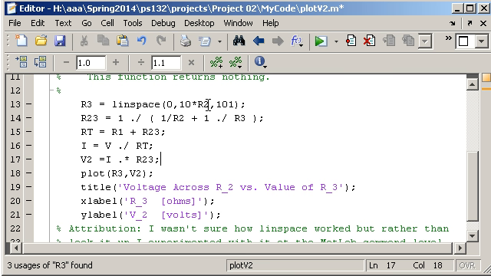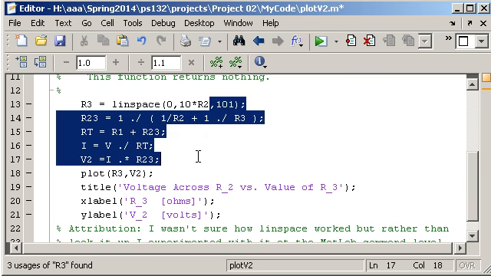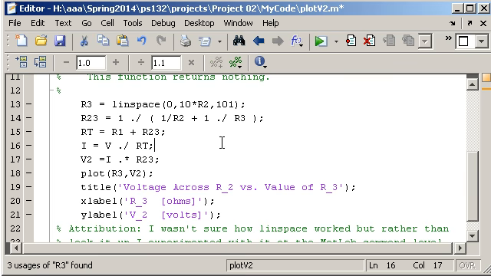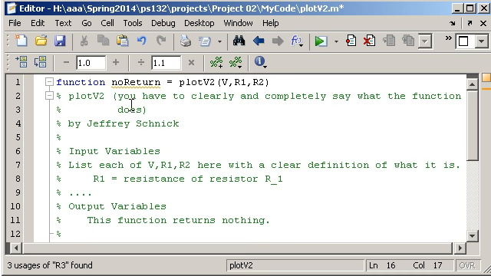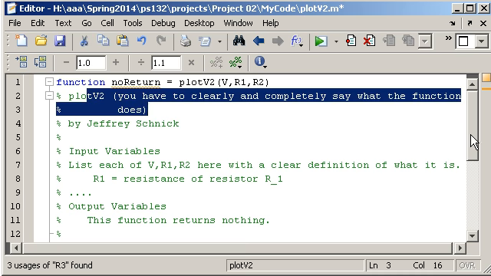So I don't really think this is self-documenting. I picked variables that are pretty consistent with what you would expect them to be. R23 is clearly the resistance of the effective combination resistor R2 and R3. You can see that they're in parallel. Plus you should say so at least in the description of the function.